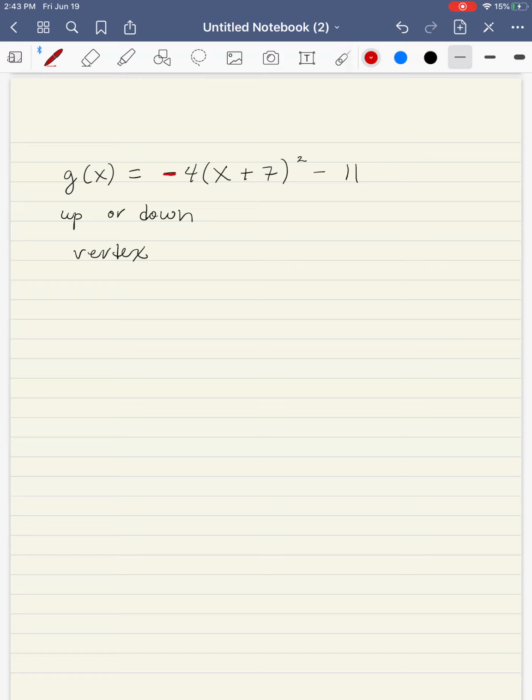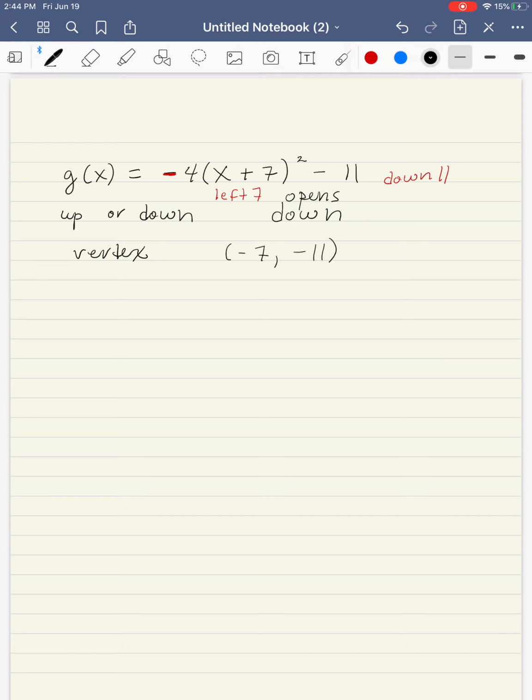All right. To know whether it opens up or down, we look at the sign out here. This is minus, so that means that this opens down. The vertex, we're going to be going left 7 units and down 11 units.